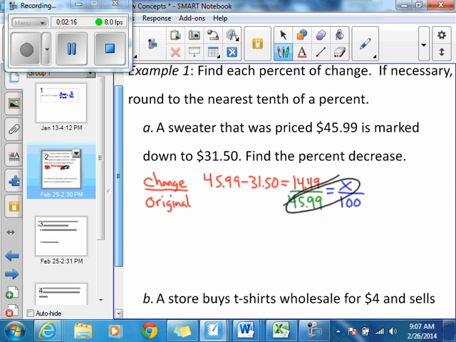We get $45.99 x equals, we multiply the other diagonal, we get 1,449. To get x by itself, we're going to divide both sides by $45.99.